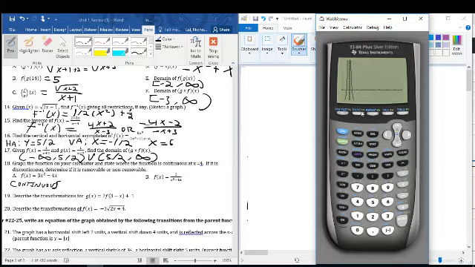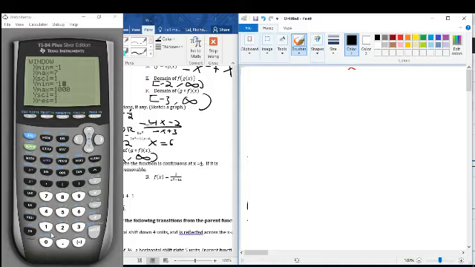All right, for that window, you might want to significantly increase that y max. Let's do that to 1,000, and that y min to negative 1,000. Graph that.